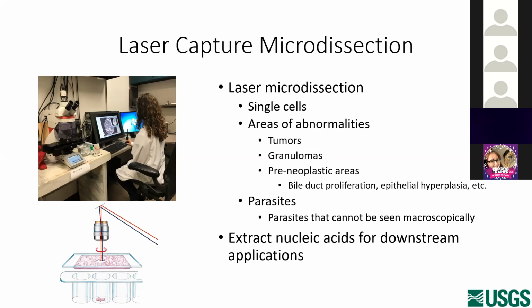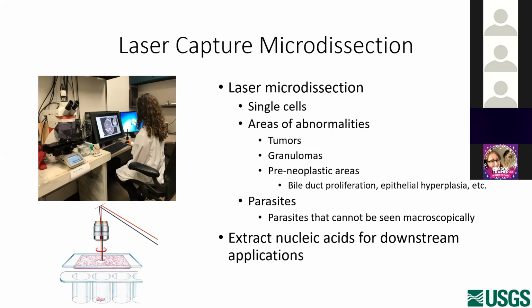And then you can also cut out a normal area so that you can compare the gene expression in both sections of tissue. You can also cut out parasites that you might not have observed macroscopically, such as myxozoan parasites that might be in the gills and you didn't actually see them when you were out in the field in order to take a sample of them.